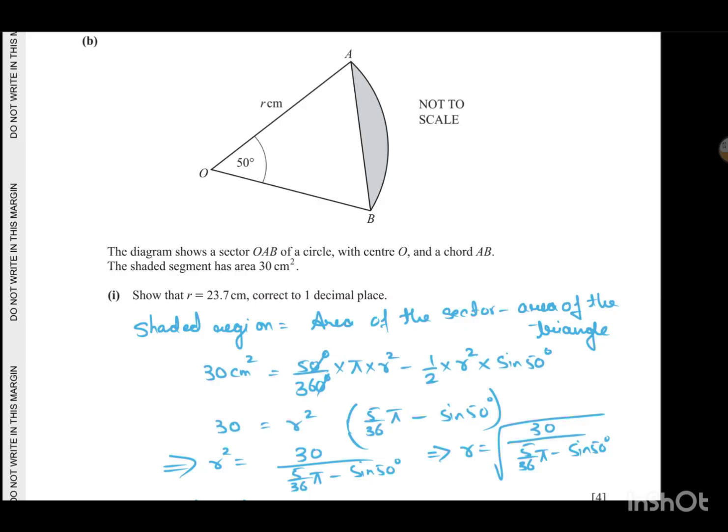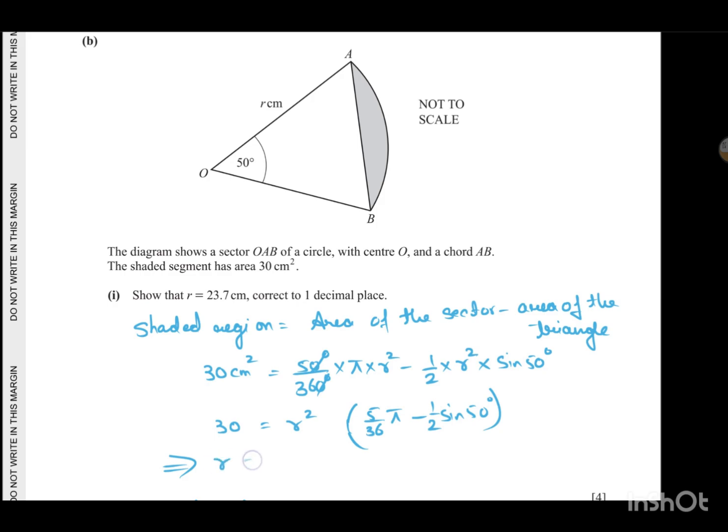Okay, I missed out the half here. Half into sine 50 needs to be taken. So let me erase this. Half sine 50.